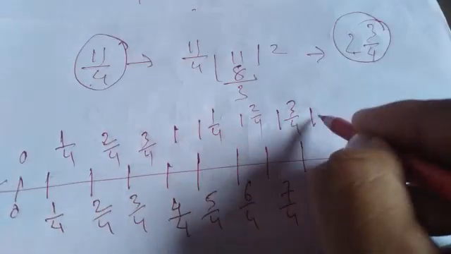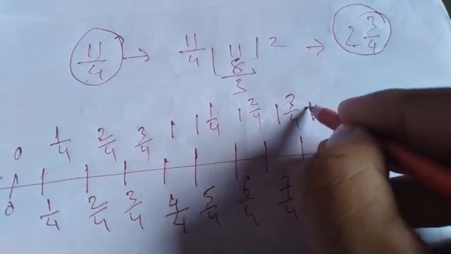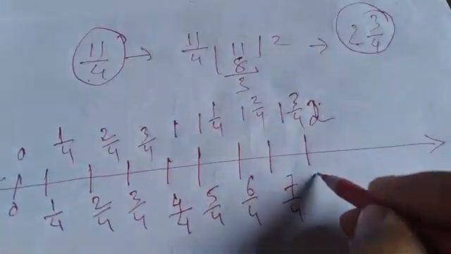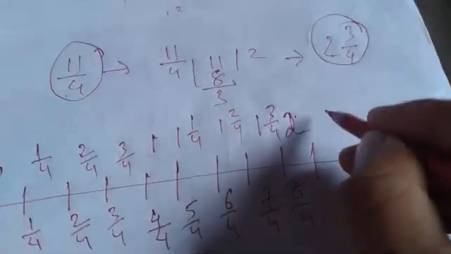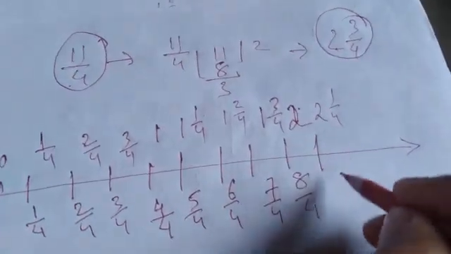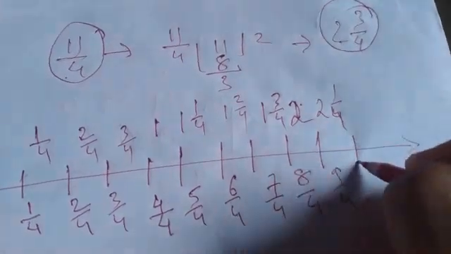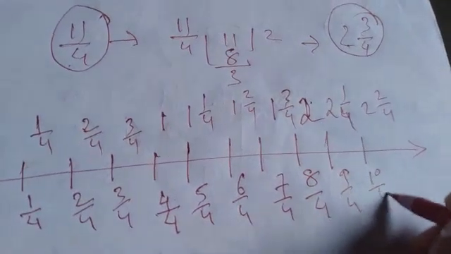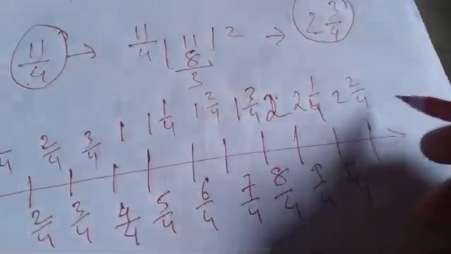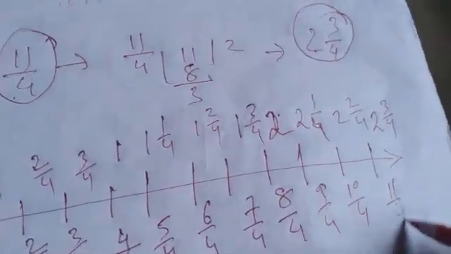Then 2 becomes 8 by 4, since when 8 is divided by 4 we get 2. Then 2 1 by 4 becomes 9 by 4, then 2 2 by 4 becomes 10 by 4, and last 2 3 by 4 becomes 11 by 4.